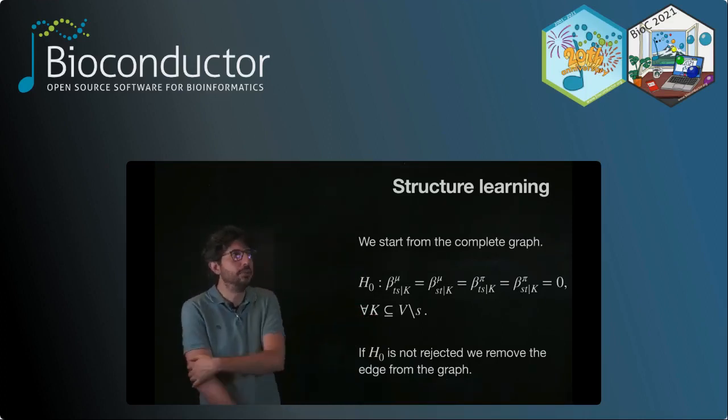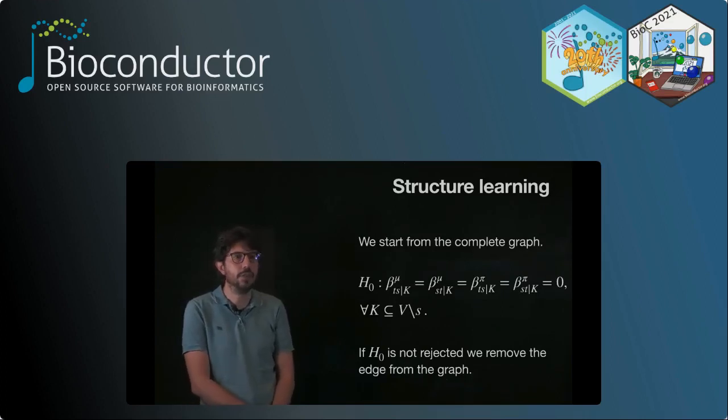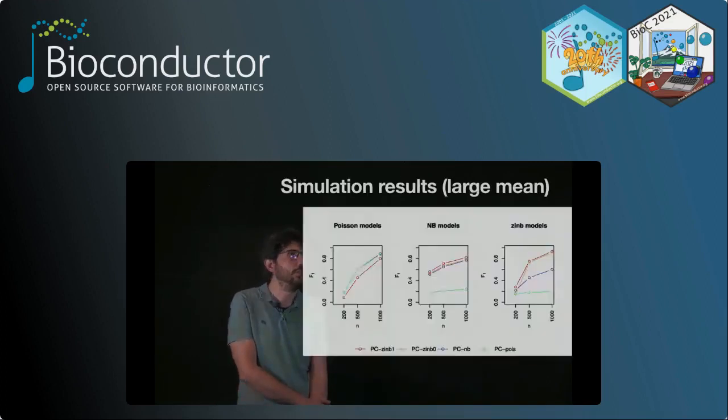And so if we do not reject the null hypothesis, then we have good confidence that the edge can be removed from the graph. And we can proceed like that in a local algorithm that is known as the PC algorithm.